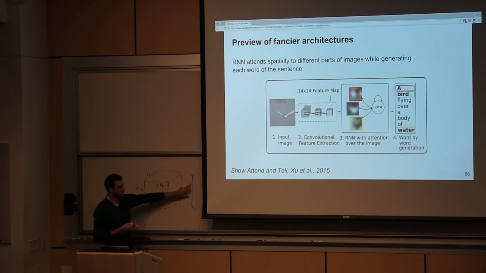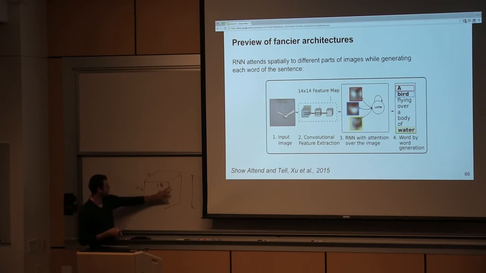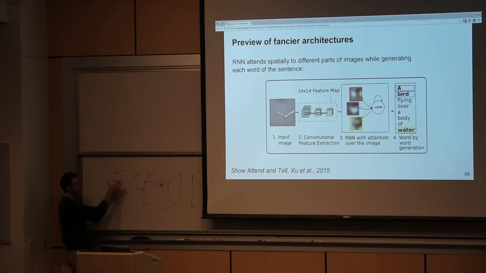This vector is emitted from the RNN, just predicted using some weights. Then this vector can be dot producted with all these 14 by 14 locations. We do all these dot products, and we compute a 14 by 14 compatibility map. Then we put a softmax on this. So we normalize all of this so that you get what we call an attention over the image.